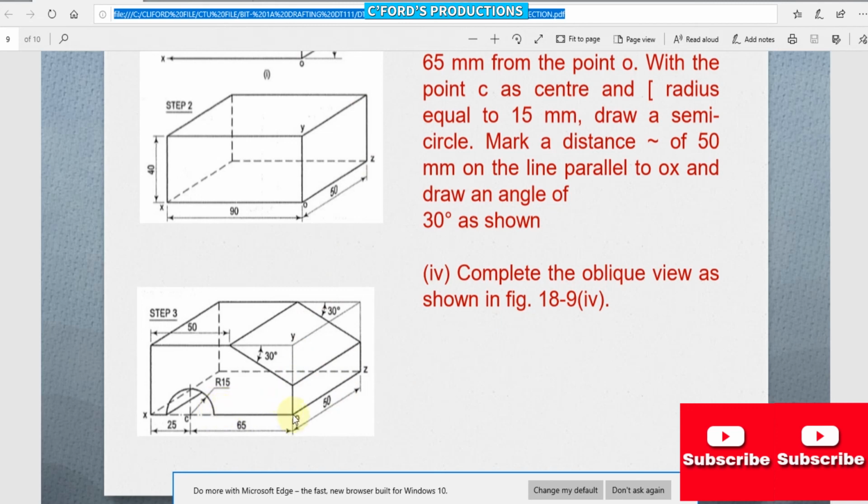From O, we'll create a point C. Okay, so point C. The radius is 15 for the semicircle, with a distance of 65 mm from O to point C.